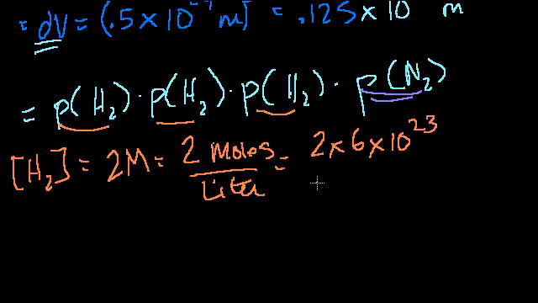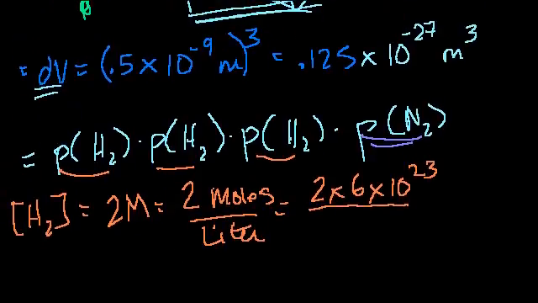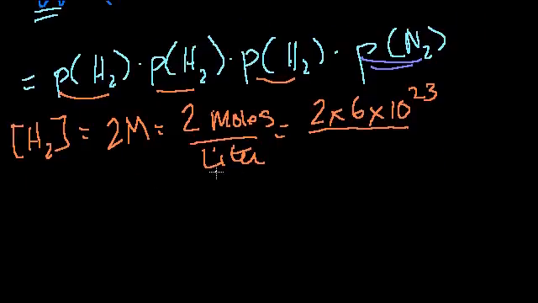Moles is just a number, divided by liters. We could write it in meters cubed, or we could just make the conversion. 1 liter is equal to 1 times 10 to the minus 3 meters cubed.